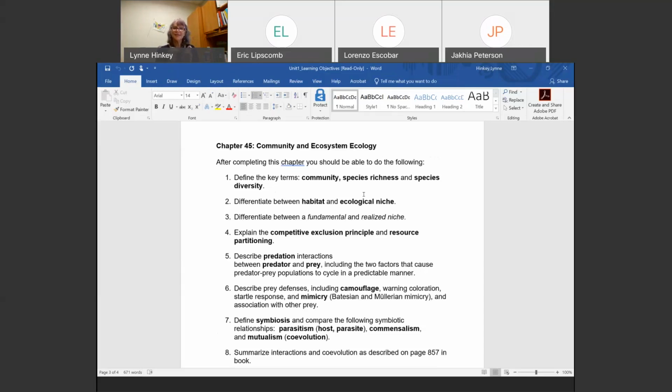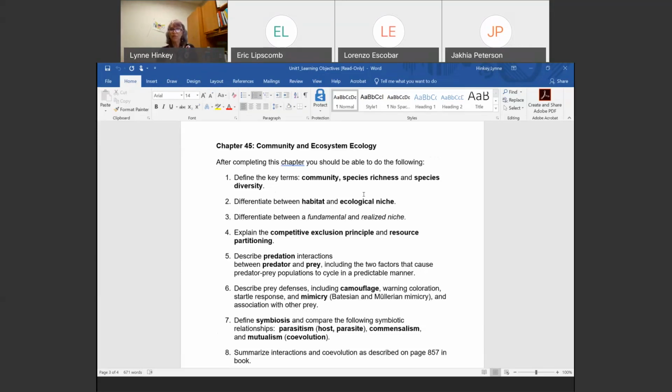The ecological niche is the role it plays, or the specific thing that it does in that community. So the niche could be where it is on the trophic level. Is it a predator? Is it prey? Some are predators to some things and prey to others. How does it get its food? Is it an autotroph, a photoautotroph?